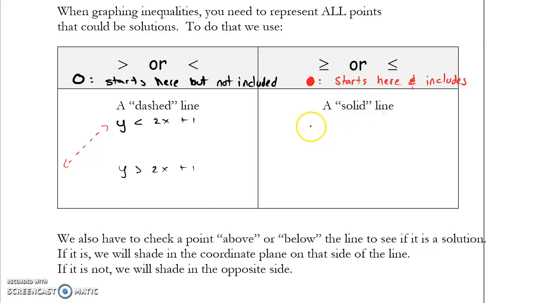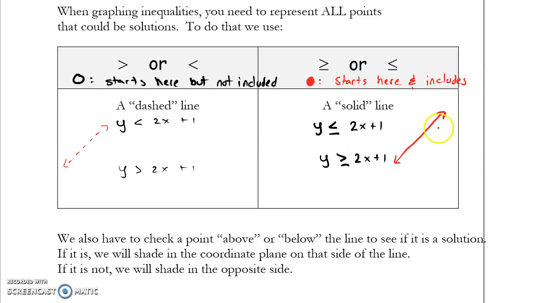Whereas if my line had the or equal to, so y is less than or equal to 2x plus 1, or y is greater than or equal to 2x plus 1, that's graphed with a solid line. I'm not going to dash it. That's how I differentiate. So it's the same idea as open circle, closed circle. We can't open a line, so to open it, we dash it.